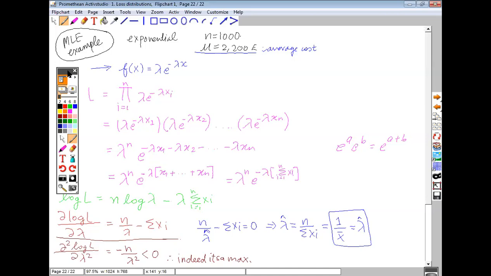Ma'am, are we doing this just to brush up our basics, or is this a chapter in the subject itself? So this is actually in the chapter called loss distributions. So they go through all of the distributions and how you do the MLE.